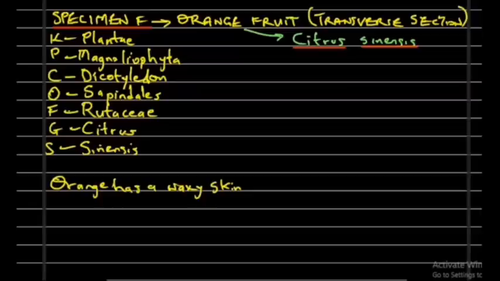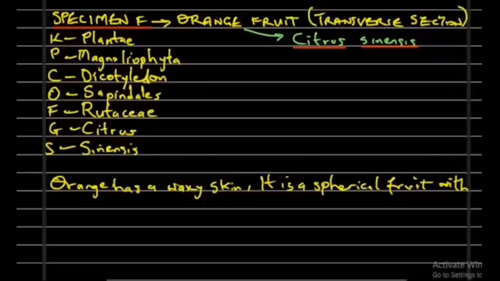It is a spherical fruit with an outer peel. The outer peel is what we refer to as the epicarp.